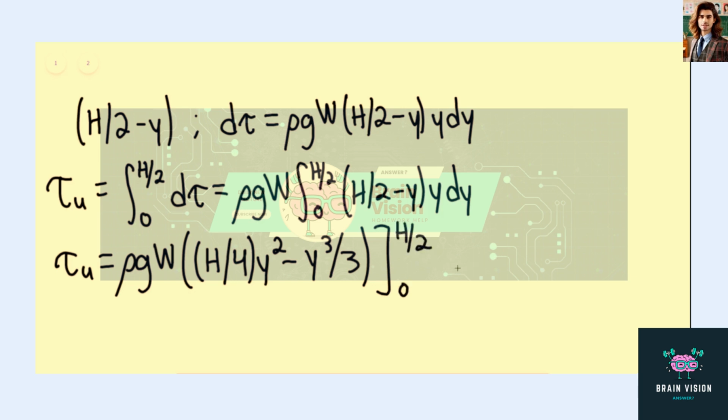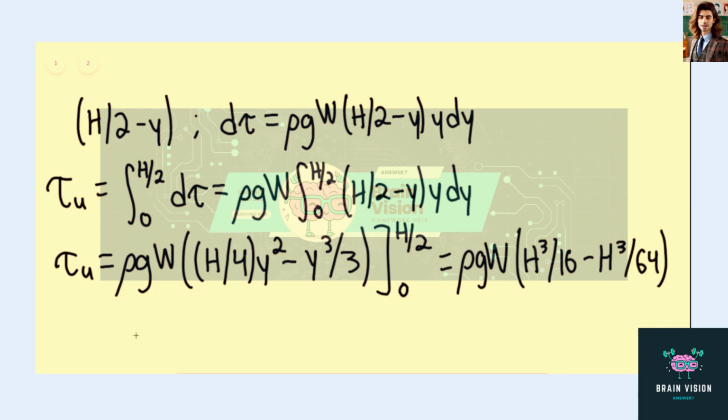This equals density g w times h cubed over 16 minus h cubed over 64. And the torque on the upper half would equal density g width times h cubed over 48.